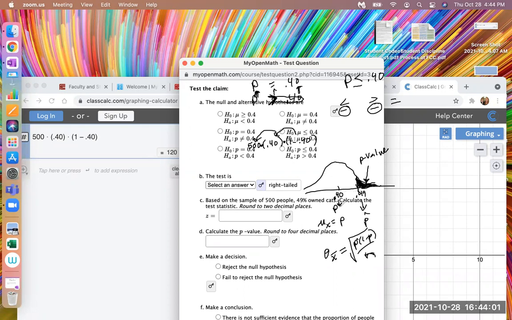That is the proportion, when they're talking about the whole population of interest, that they believe to be true at the moment. This is the one that they got from their sample, and I think, hey, this is evidence to prove that the population proportion, p, is actually greater than 0.4.